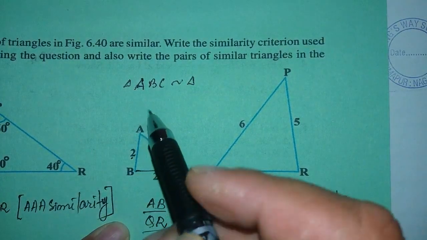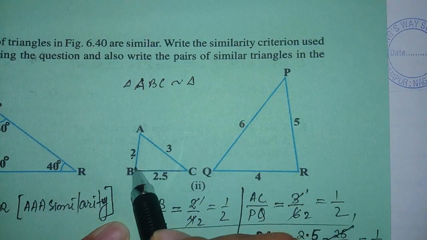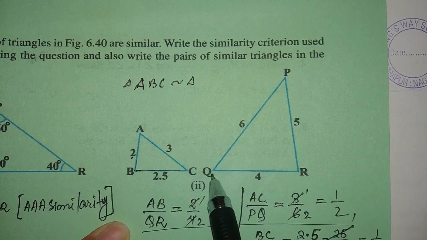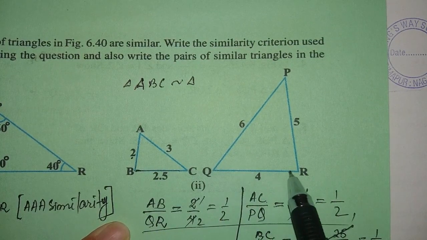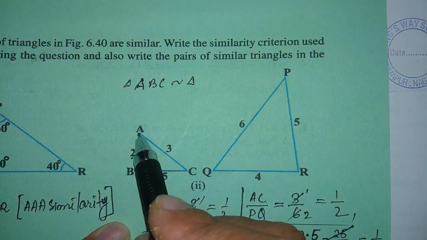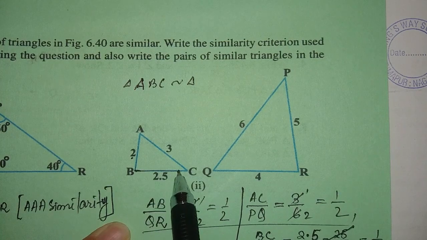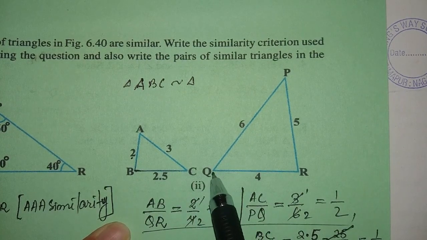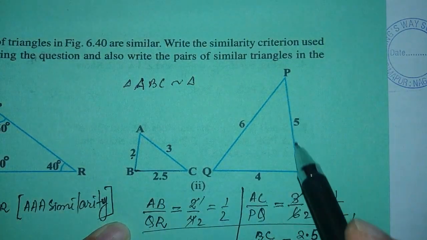Now you have to check the corresponding sides. Here the corresponding side of AB is QR. AB is the shortest side, QR is the shortest side. So if I start with AB and go to this side, which is touching this 2.5, then I will start from Q to R, which is touching the middle side.